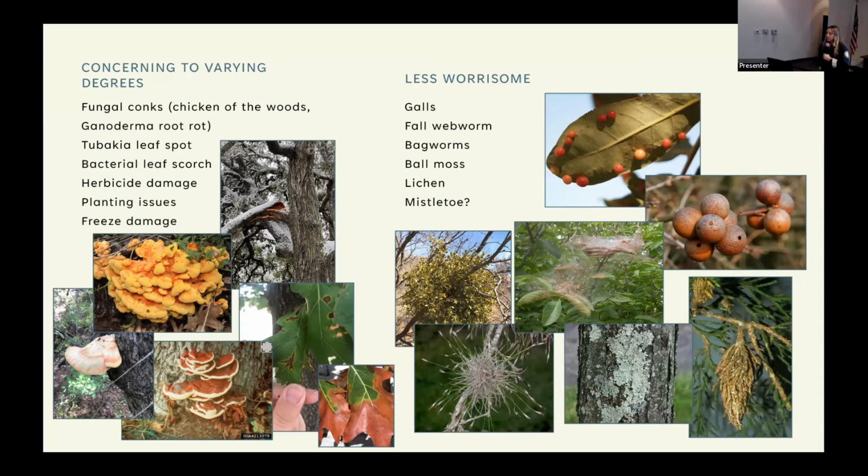And then we have ball moss, which is that spiky picture down on the bottom left. Ball moss is an air plant. It's not rooting into the tree like mistletoe is. It's more common in the under canopy of trees. Specifically in live oaks, we see it a lot because they have an umbrella shape to them.